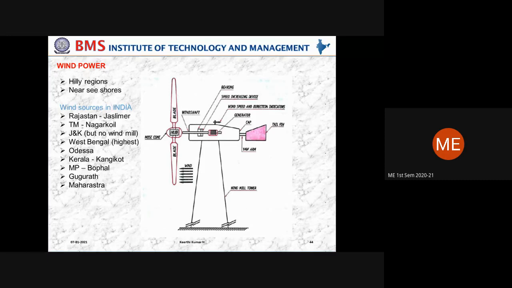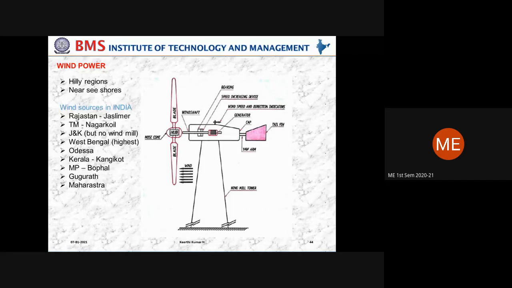What is the wind velocity required to suggest that a place is good for a wind plant? 12 to 14 kilometers per hour is the minimum wind speed required to place the windmill. And these two are the regions where you can see that wind speed.